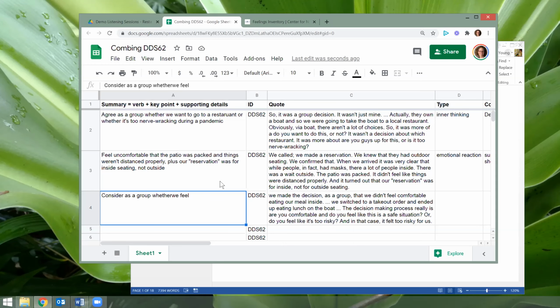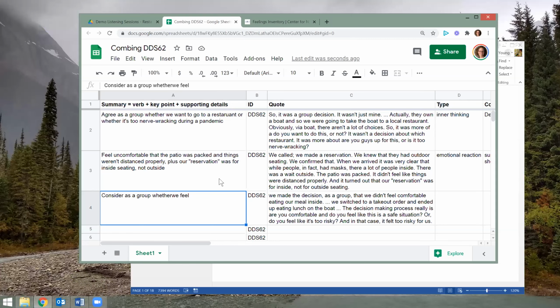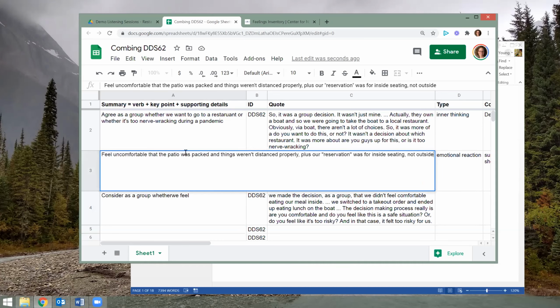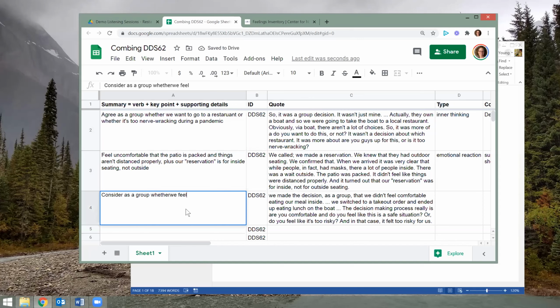So I'm standing in their shoes at that moment when they pull up on the boat and they see this crazy crowded patio. So in fact, oops, I made a mistake because I was pulling her words across. Is packed and things aren't distanced properly, there we go, okay. So consider as a group whether we feel, we already got comfortable up a line, so we feel safe or risky.